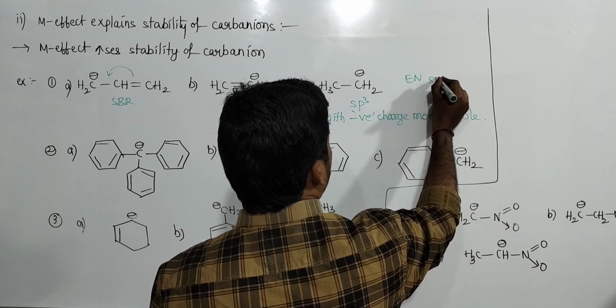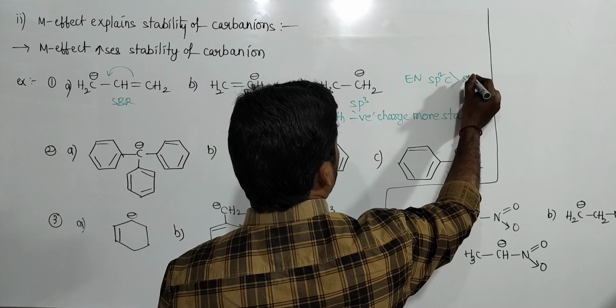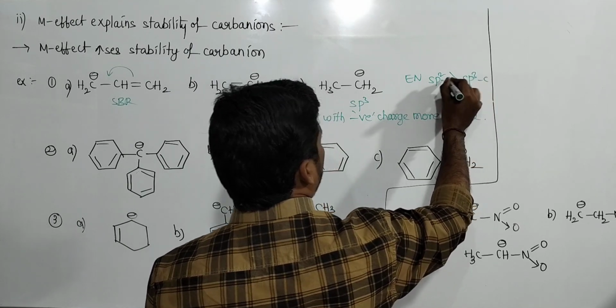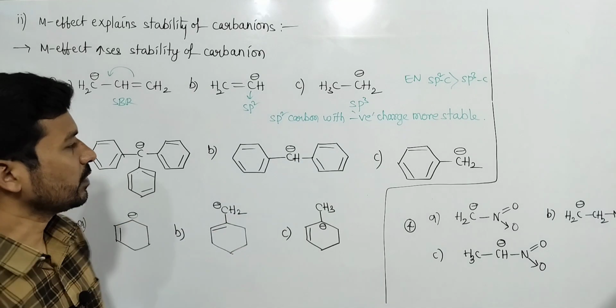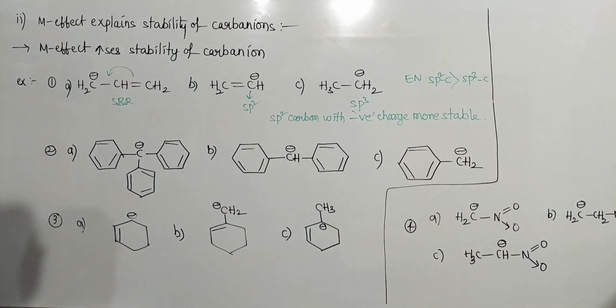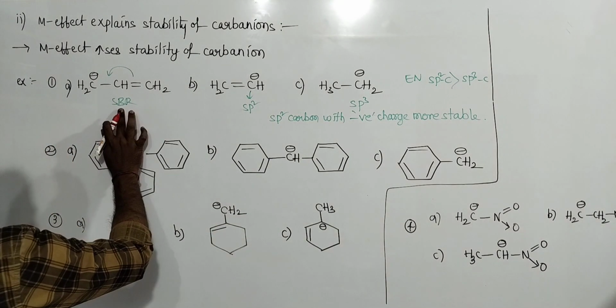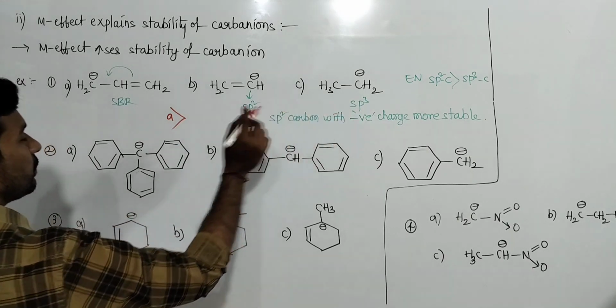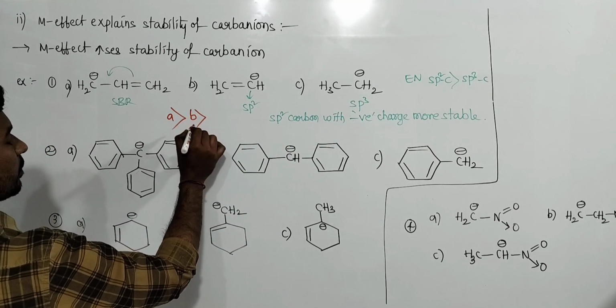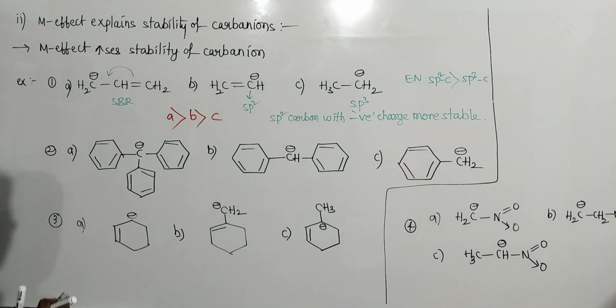Electronegativity of sp2 carbon is greater than sp3 carbon. More electronegative atoms with negative charge are more stable. On that criteria, which one is more stable? This is stabilized by resonance. A is definitely more stable. sp2 carbon negative is more stable than sp3 carbon negative.